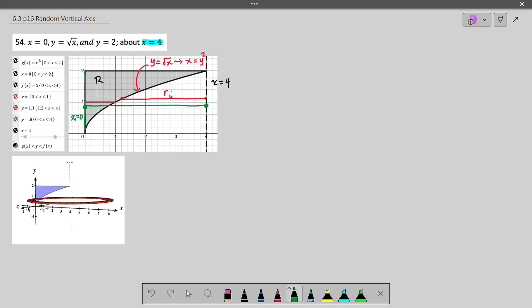So the x value of the left boundary for the green segment is x equals 0. The right is x equals 4. So now we're ready. So the area of a washer is pi multiplied by r outer squared minus r inner squared. The outer radius, that's the green one, is how much?